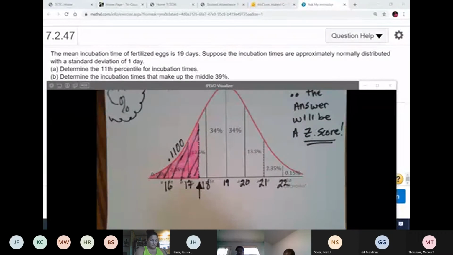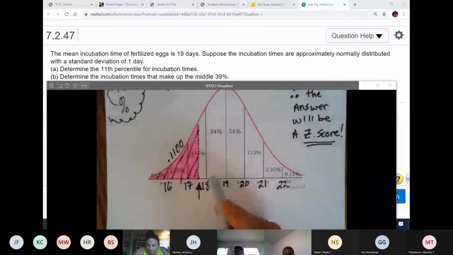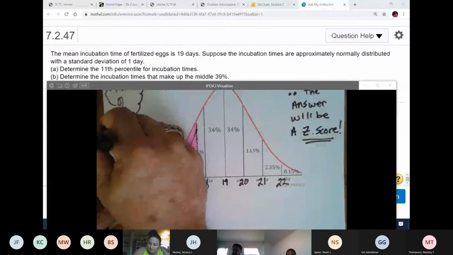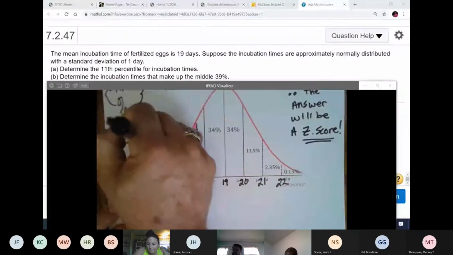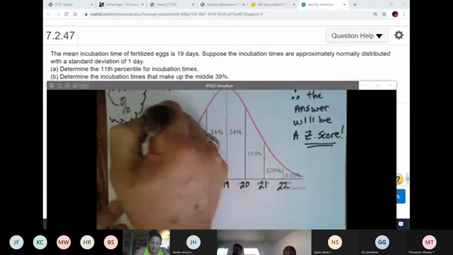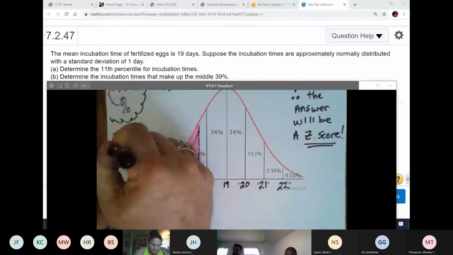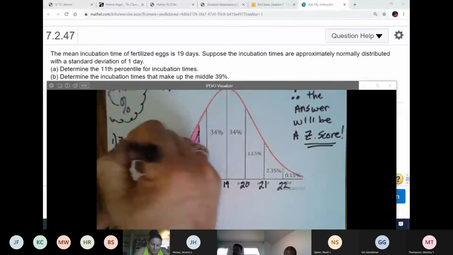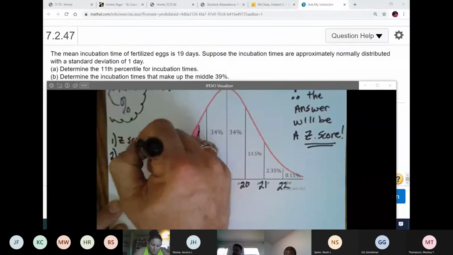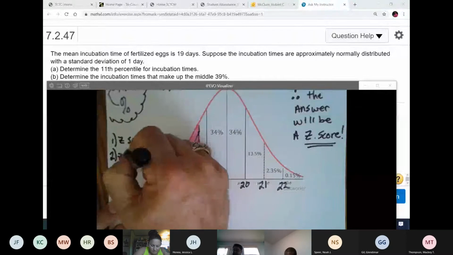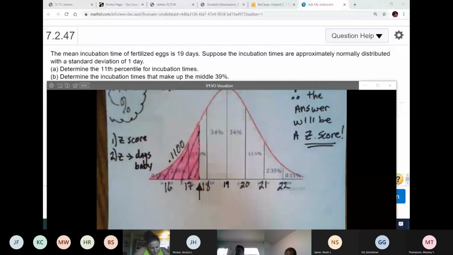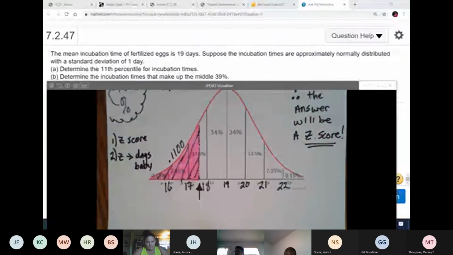So with that being said, one, find the z-score. And then two, I've got to change that z-score into days, carrying a baby. Because that's what these are.